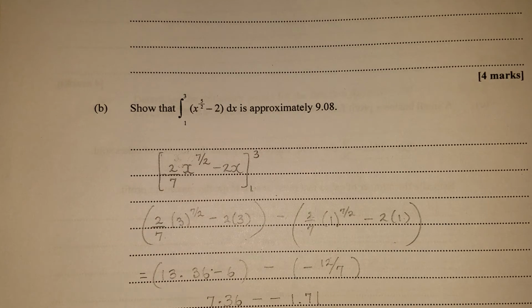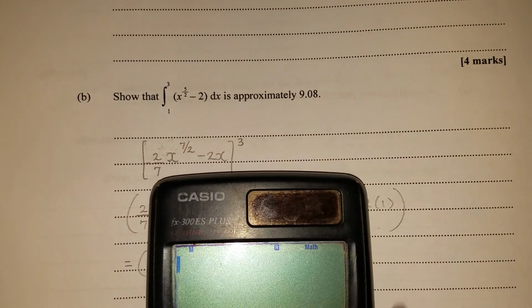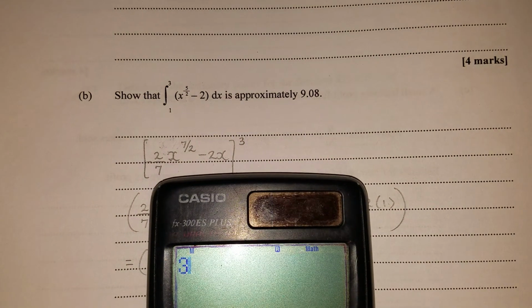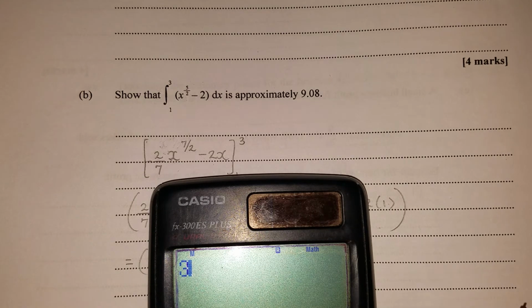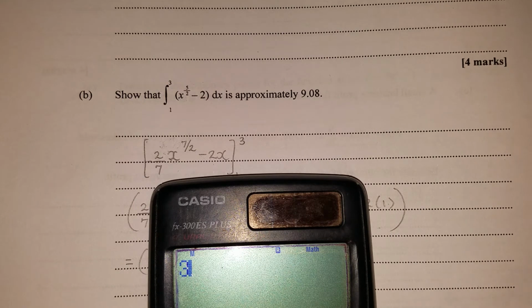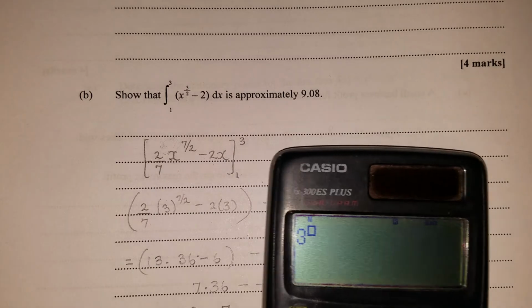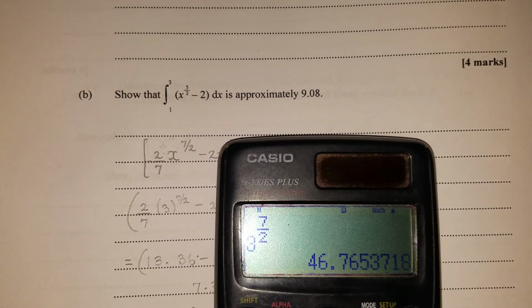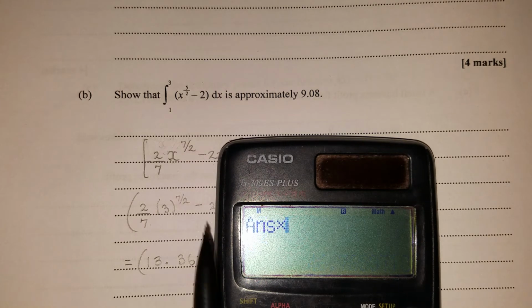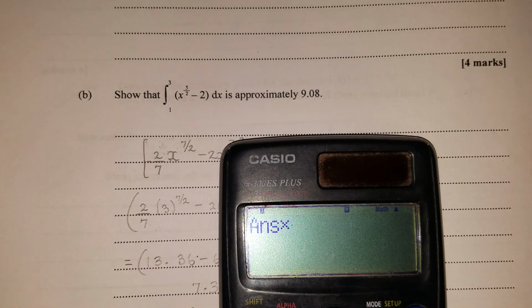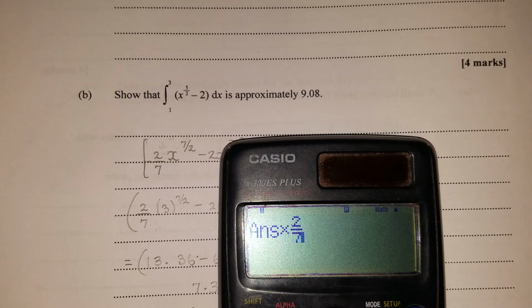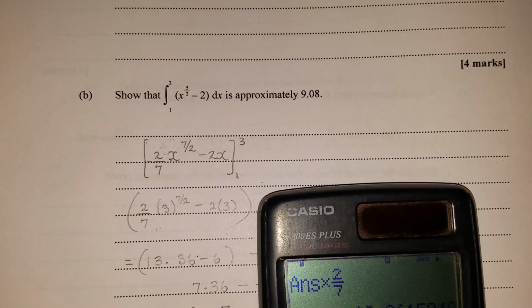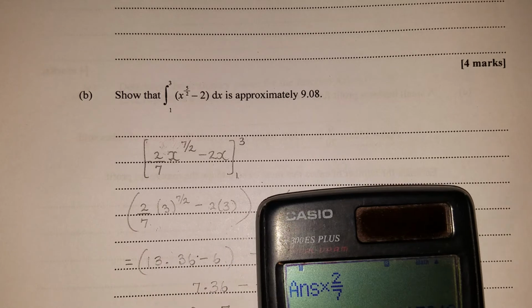Now, if I find 3 raised to 7 over 2, and now multiply that answer by the 2 over 7 that we have, we get 13.36, and 2 times 3 is 6, so this is for the upper bracket.